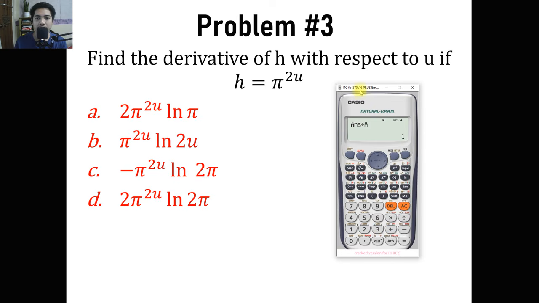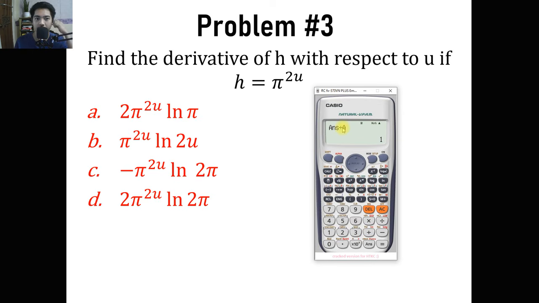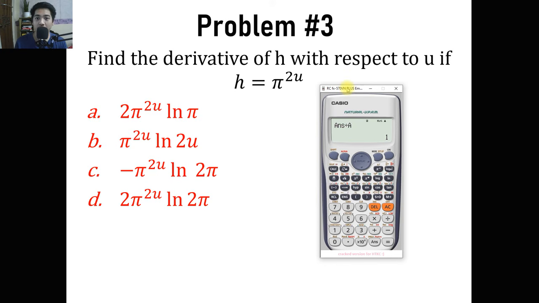Okay. For this one, find the derivative with respect to u if h equals pi raised to 2u. Okay? So as you can see here, the variable is not x. It's u. But since our calculator only has a variable with respect to x, we will transform this variable u into x.